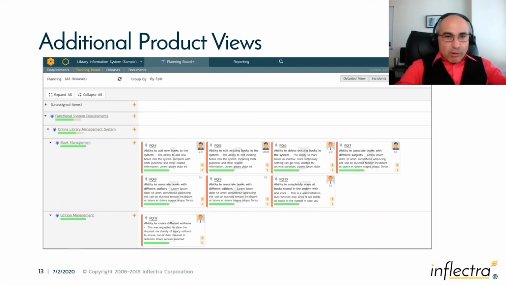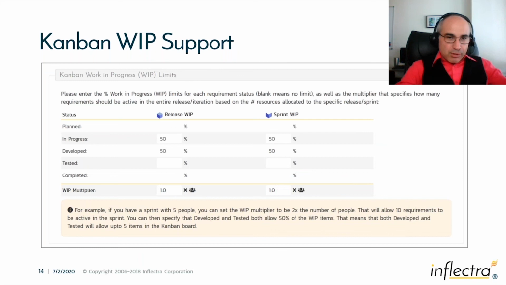In addition to that, we've also added better support for Kanban projects. We've always had the ability to view the stories in a Kanban view by status, and you could do that at a release level, a product level, but we did not have explicit support for work in progress limits. We've now added the ability to enable WIP limits. So the WIP limits let you specify how many user stories can be in any given status in a given sprint or release.